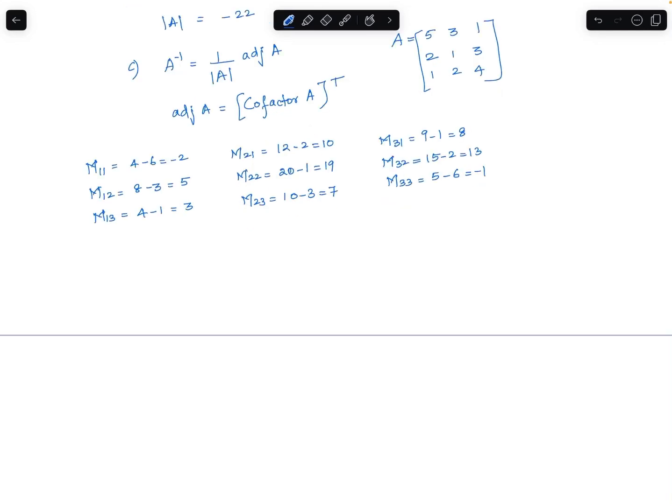Next, let's get the cofactor for each element in the matrix. A11 is minus 1 to the power 1 plus 1 times M11, that is minus 1 to the power 2 times minus 2, which is minus 2.